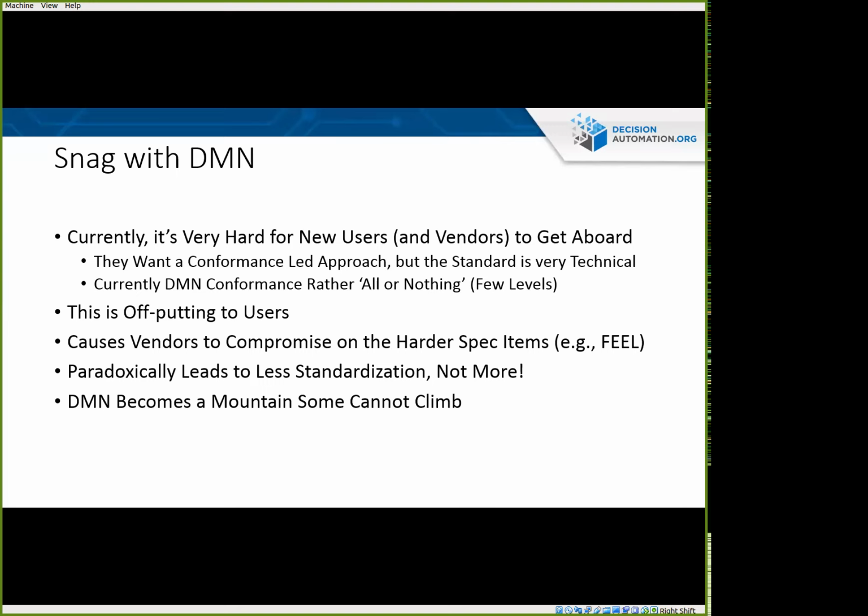And in some cases, I'm pretty sure it's due to an ideological opposition to certain features in DMN. And paradoxically, this leads us to a situation where we have a standard which can sometimes lead to less standardization. And this is the problem that the on-ramp was created to try and address.